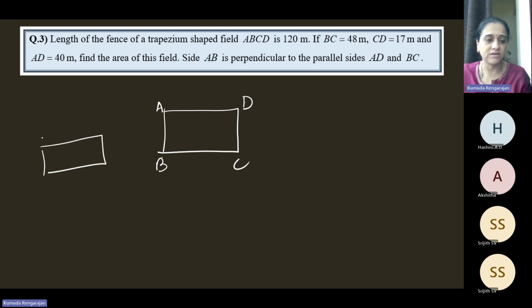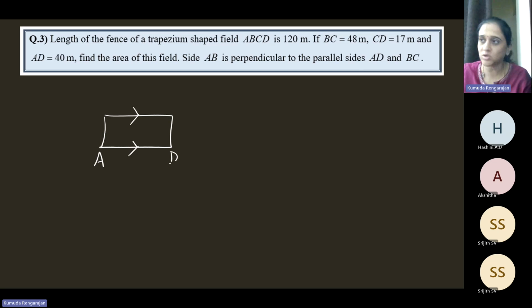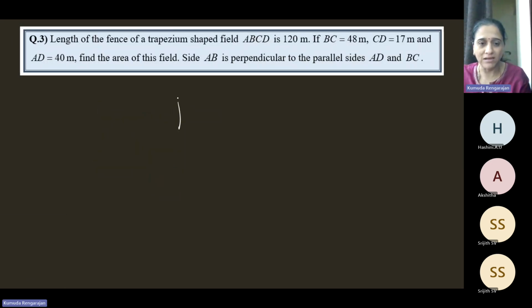So if you start A here, AD, this should be D because these two sides are parallel. So A, B, C, D. You understand what I did? I said you mark off the parallel sides first. So this is the rough diagram.